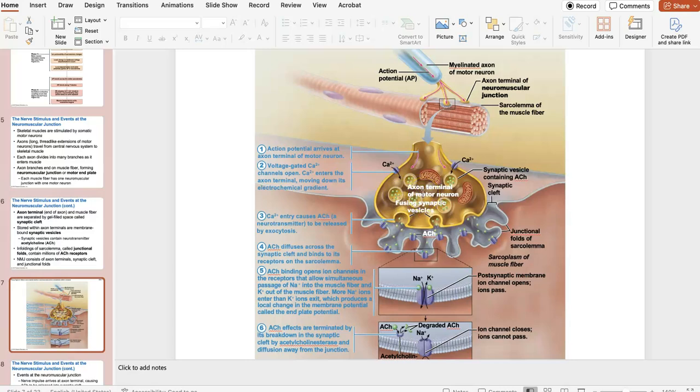Like I said, the muscle must be stimulated electrically, and this is where it all begins. The excitation of the excitation contraction coupling is the electrical stimulation.